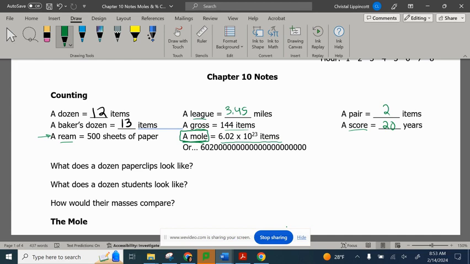So it is 6.02 times 10 to the 23rd things. That could be atoms. It could be molecules. It could be people. It'd be a lot of people. Okay. But it could be paper clips. It could be anything. It's a counting unit.